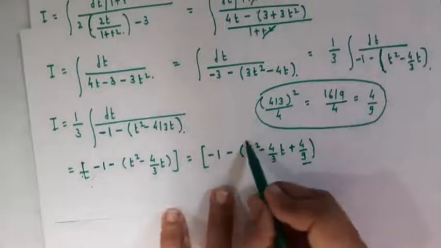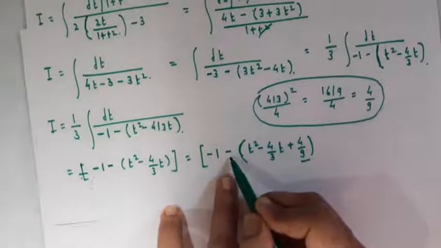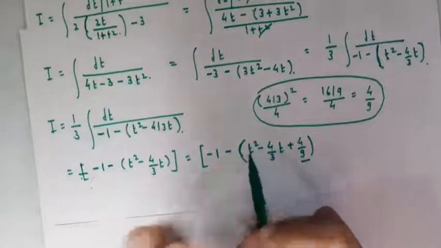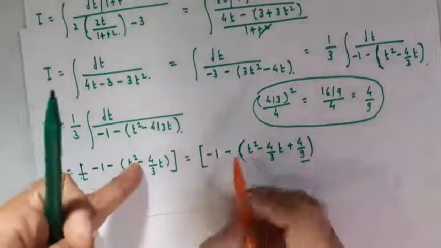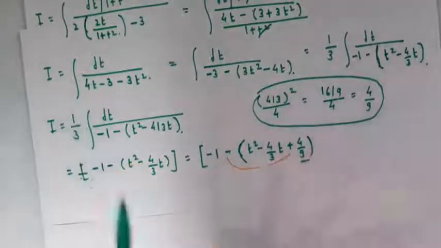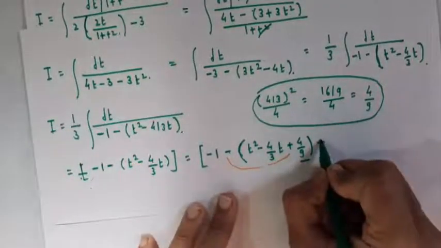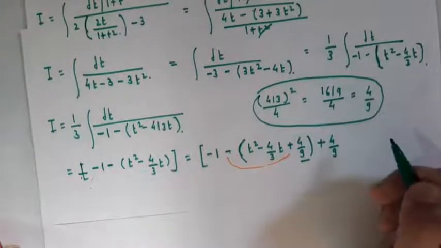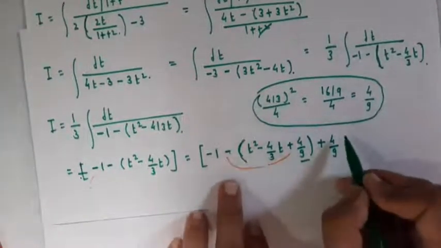But see students, outside the bracket there is a negative sign and therefore that means plus minus minus. So here we have adjusted the minus 4 by 9 and that's why we have to adjust the plus 4 by 9. Okay, this is minus, this is plus.